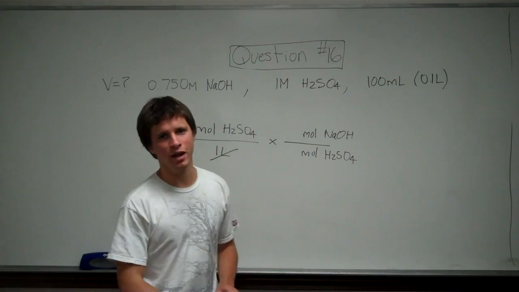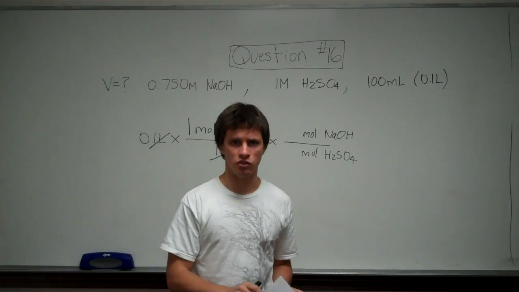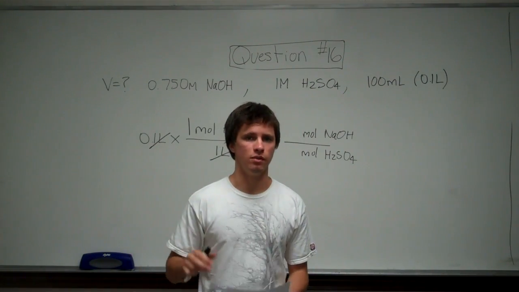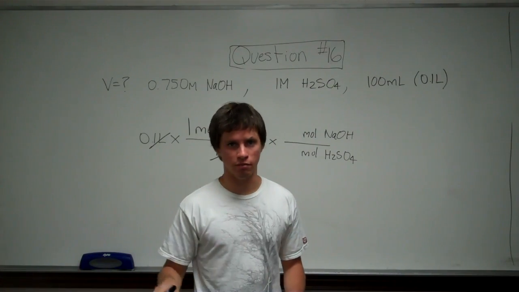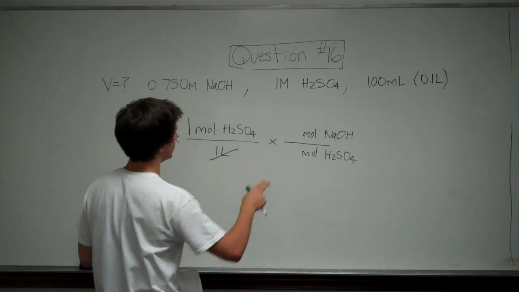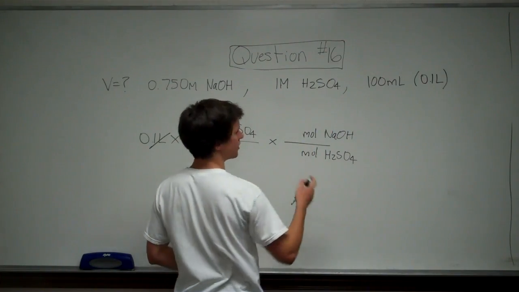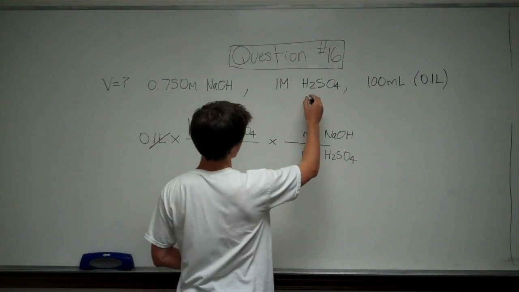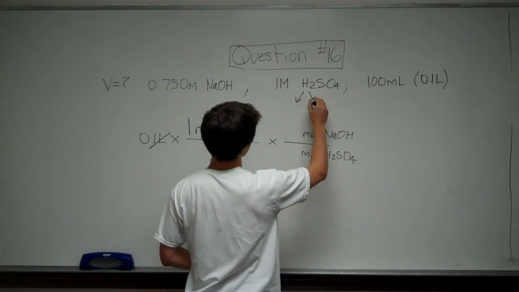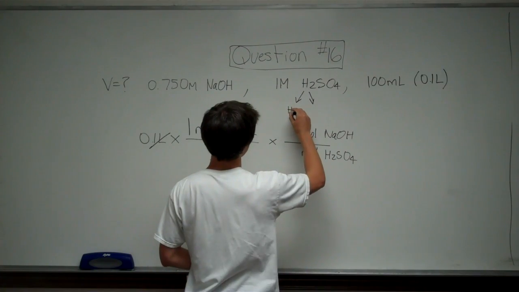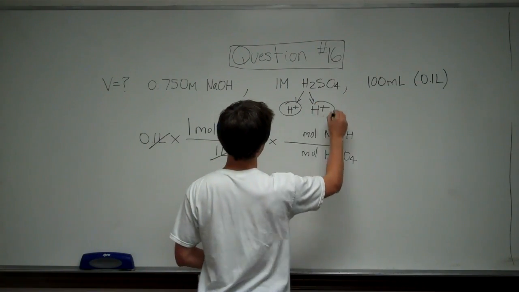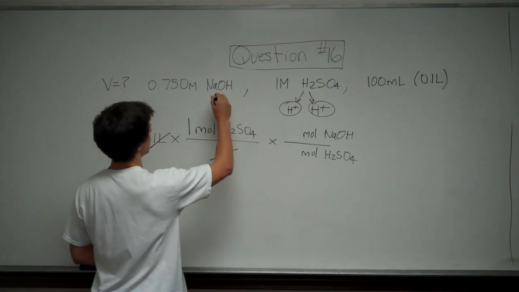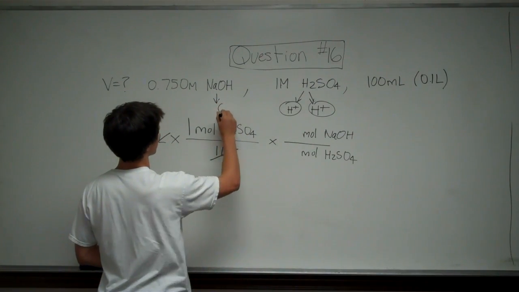Well, remember what I said about acids and bases. The acids donate H ions, and the bases donate OH ions. And there has to be an equal amount of both. Right? So if you look at H2SO4, it actually has 2 hydrogens it can give. So this is going to break up into H and another H. Whereas this NaOH only has 1 hydroxide to give up.